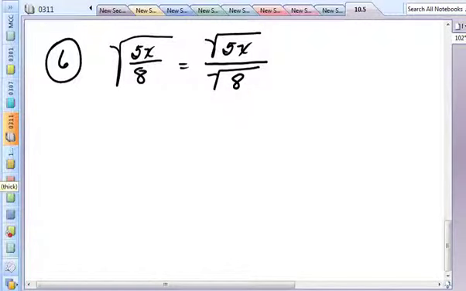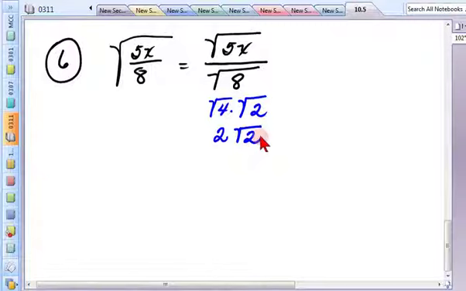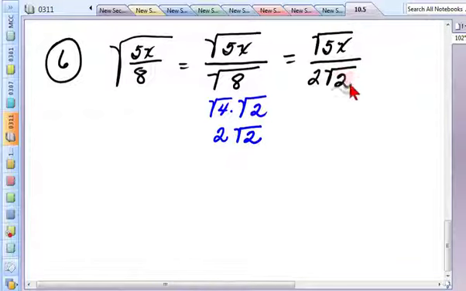I'm going to do it in blue. Okay, so underneath it, simplifying a radical means looking for perfect square factors. And 8 is the same as 4 times 2, with 4 being a perfect square. So it's the square root of 4 times the square root of 2. Can y'all see that blue okay? And that's going to be 2 times the square root of 2. So this is the square root of 5x over 2 times the square root of 2.